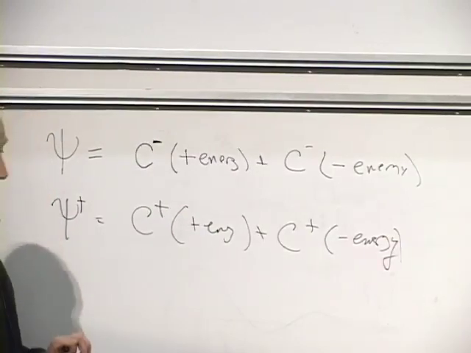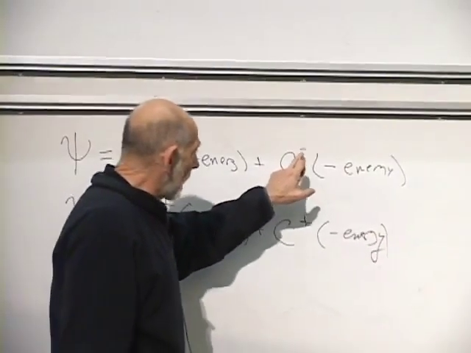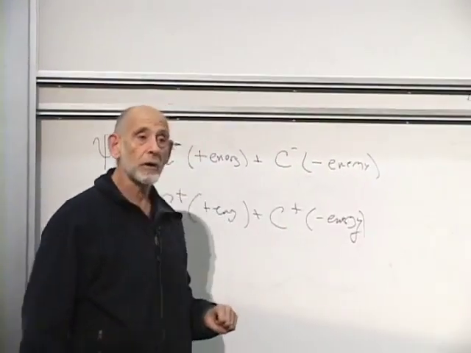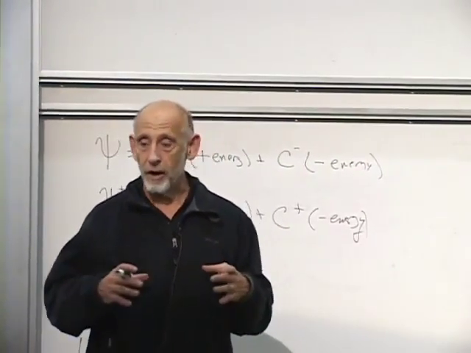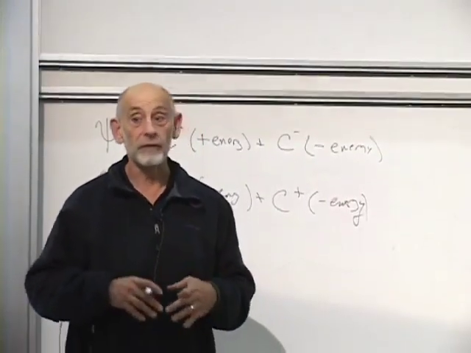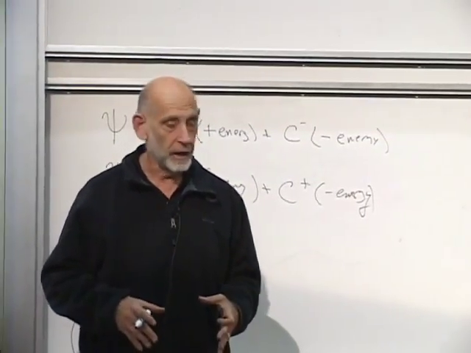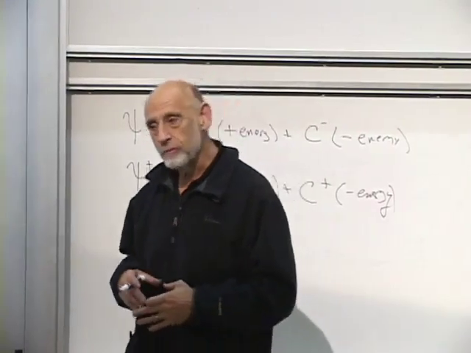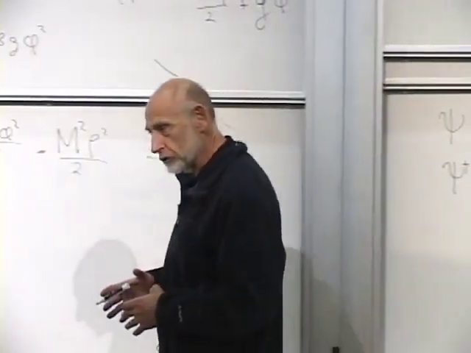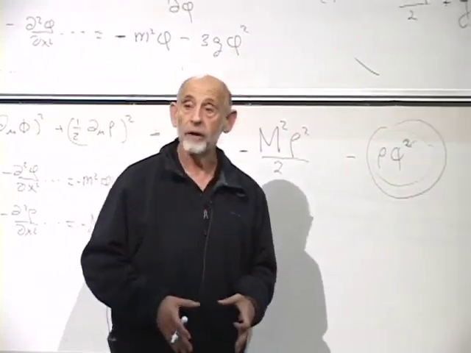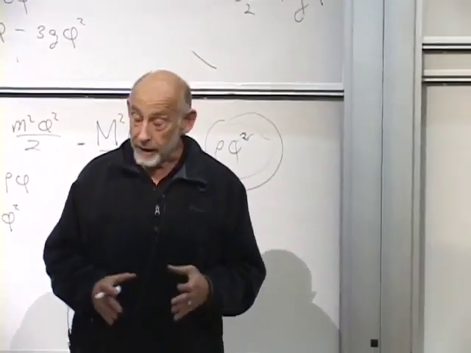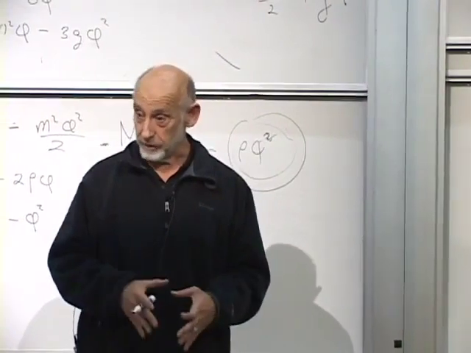Now we do a little switch. This is the annihilation operator for an electron of negative energy. It removes an electron of negative energy, which is absolutely equivalent to adding an antiparticle of positive energy.